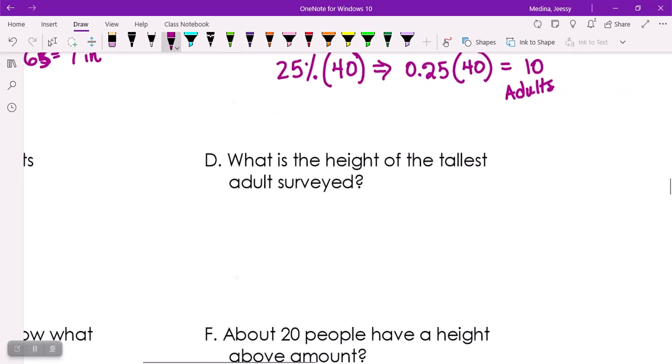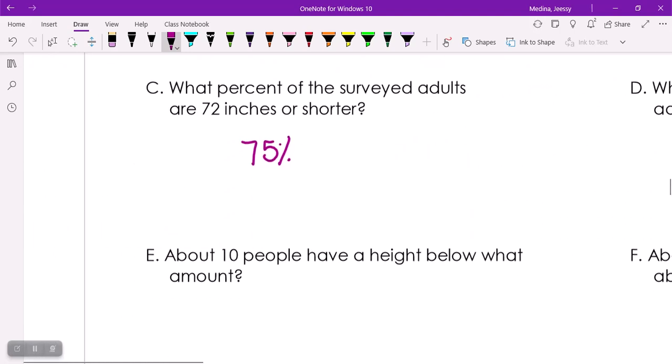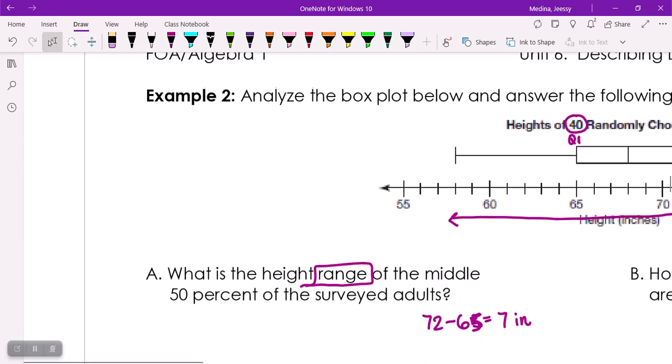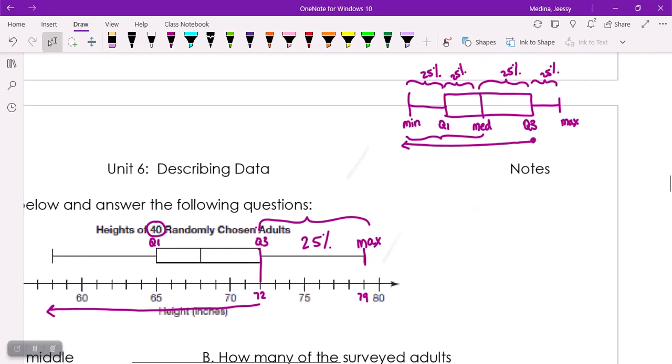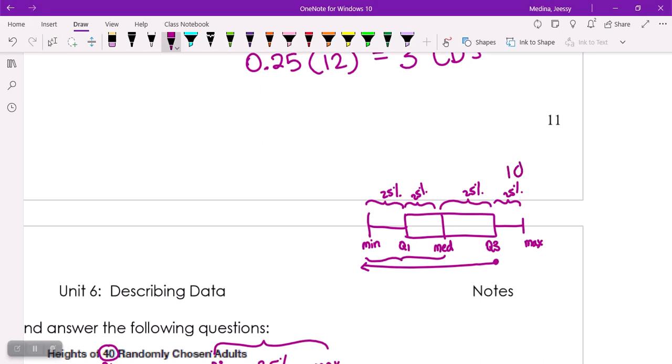All right, what is the height of the tallest adult surveyed? 79 inches, right? Okay. About 10 people have a height below what amount? This is where you realize that 25% of the adults is 10. So there are 10 adults here, 10 adults here, 10 adults there, and 10 adults there.